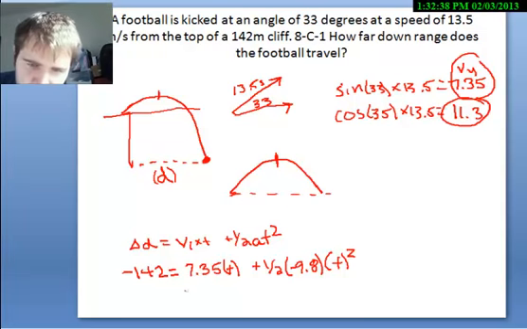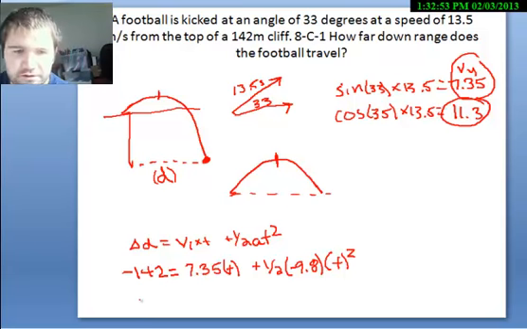Now, I could solve this by hand by using the quadratic formula. I would have to say plus 142, so 0 would be equal to some number t squared plus 7.35t plus 142. But with your calculators, you can just use the solve function. If you want to learn how to use the quadratic formula, we can talk about that some other time.